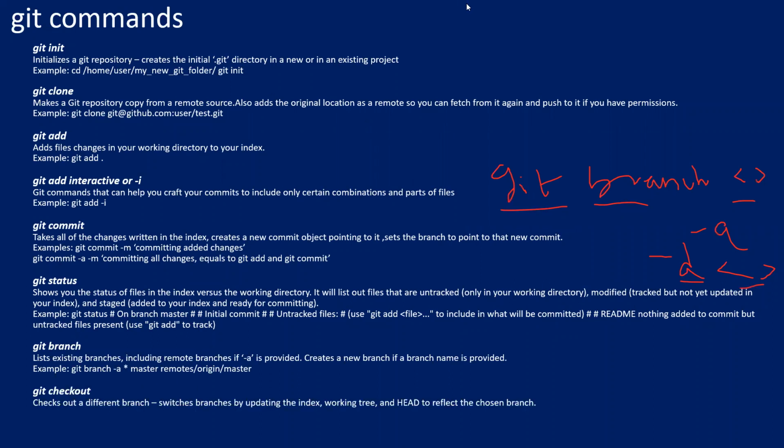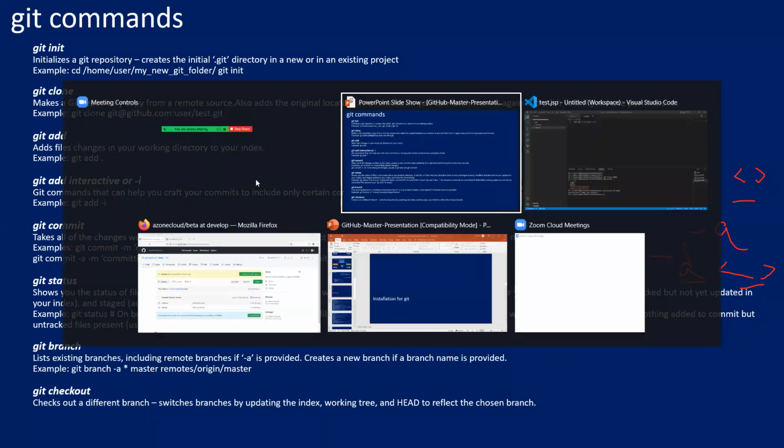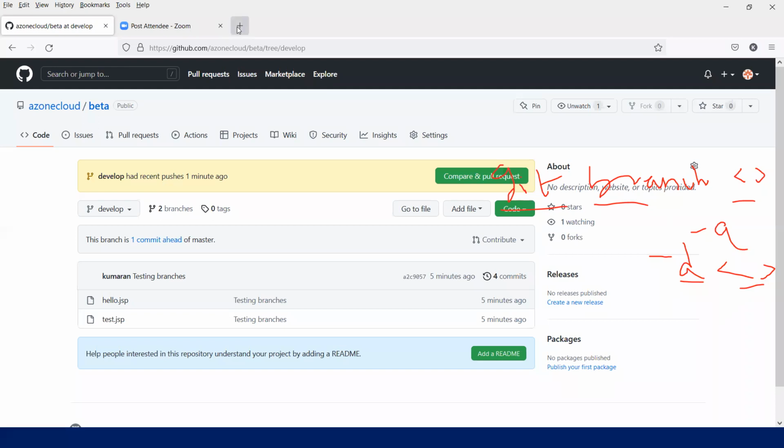Kumar, what is the command to rename the branch? It is possible to rename the branch. Branch renaming, I'm not sure. Is there any command in Git to rename a branch? Rename of a branch, you mean? I never heard, but let me give a try if I can find something for you.